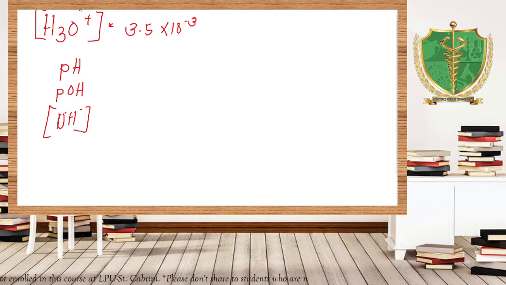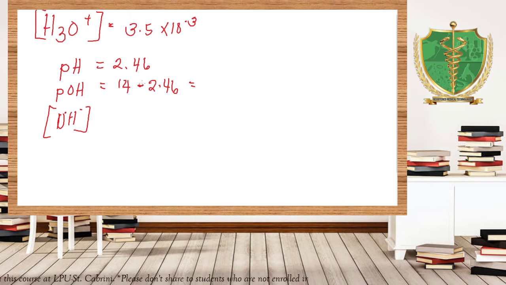So simply the pH will be negative log 3.5 times 10 raised to negative 3 is equals to 2.46. The pH is 2.46.